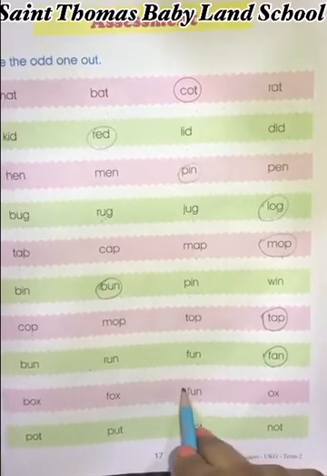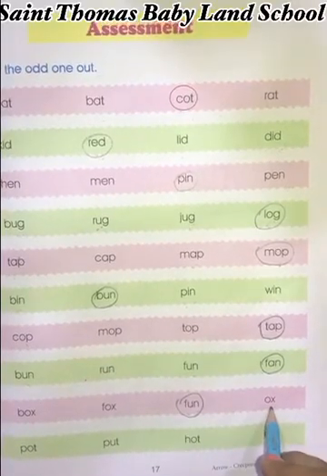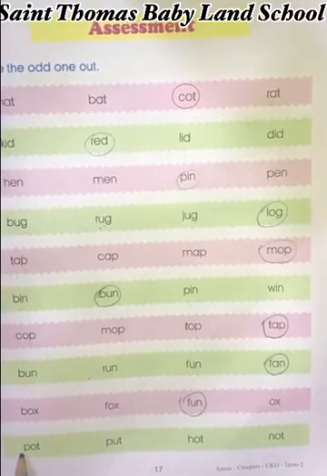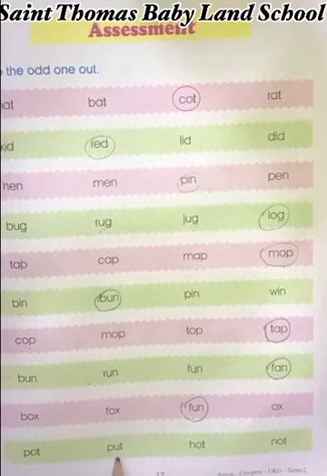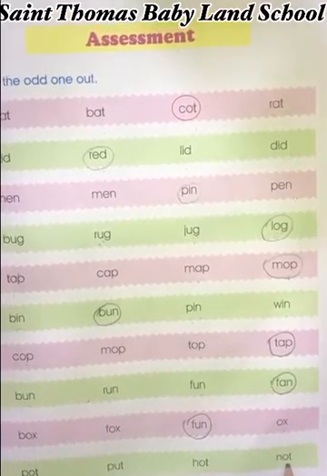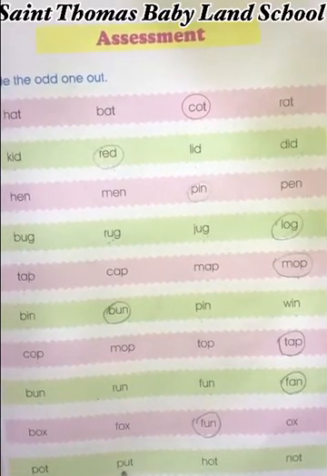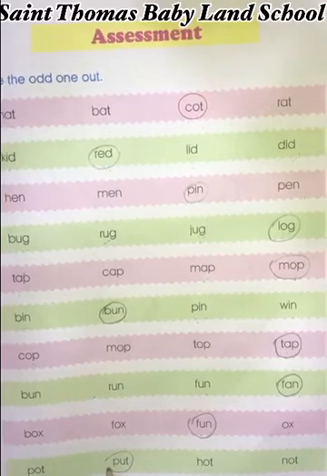This one, right? Box, fox, ox. Okay. Now last is P-O-T, pot, P-U-T, put, H-O-T, hot, and N-O-T, not. So in these four words, which word is odd one? This one. So circle here.